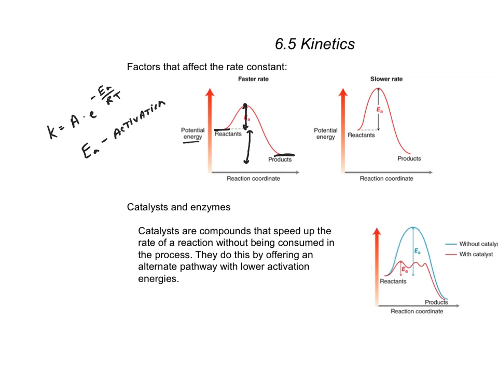What is that called? Transition state, right. There's another word for it: the activated complex. The activation energy is the energy required to get us to the transition state, or activated complex. I will often abbreviate transition state with a little T with two crosses.